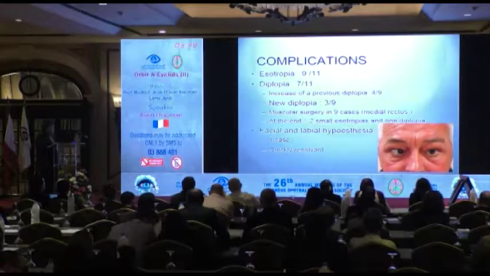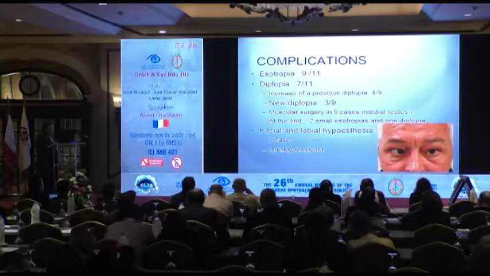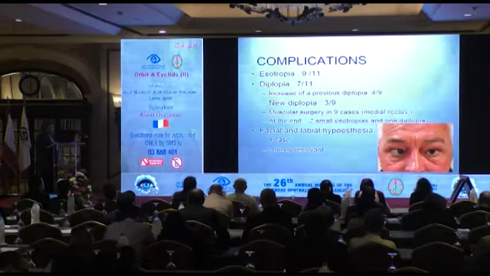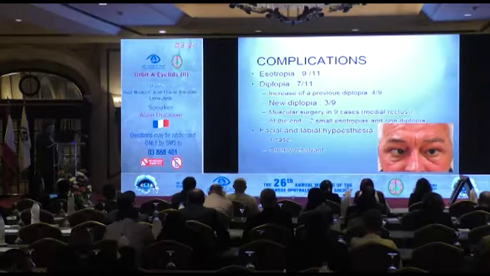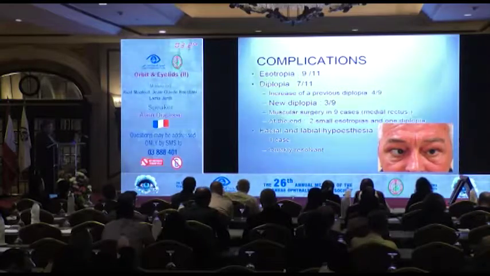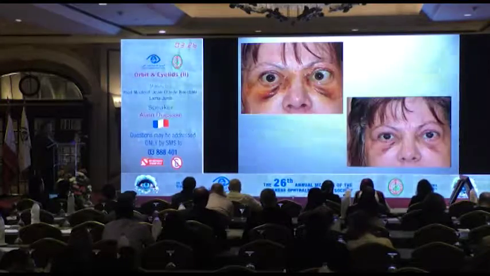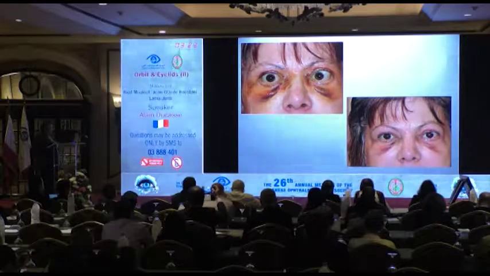All these patients had muscular surgery with recession of the medial rectus, and at the end there were only 2 small esotropias and 1 diplopia. You can see a few days after the intervention.